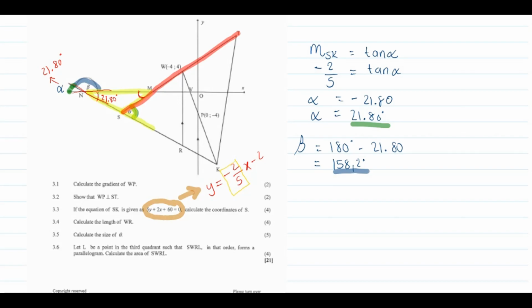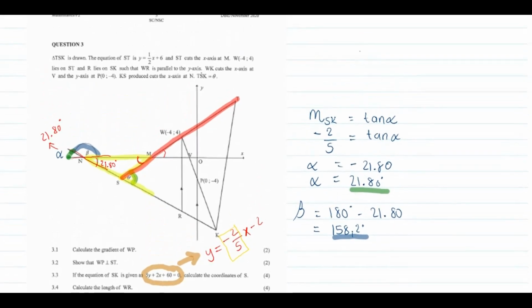And we know that the gradient of that line is equal to tan of the angle that you are looking for. We're looking for angle M. And to get angle M, we can take the gradient of our ST, and this was given to us. The gradient of ST is given as a half.